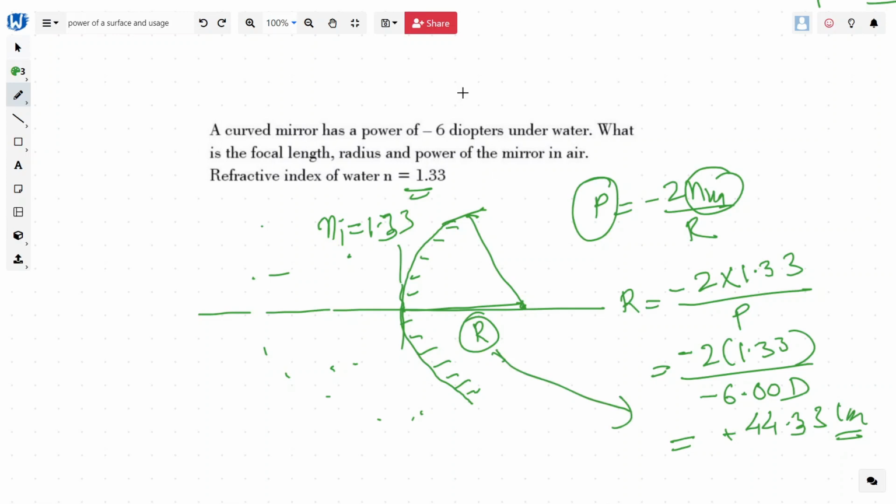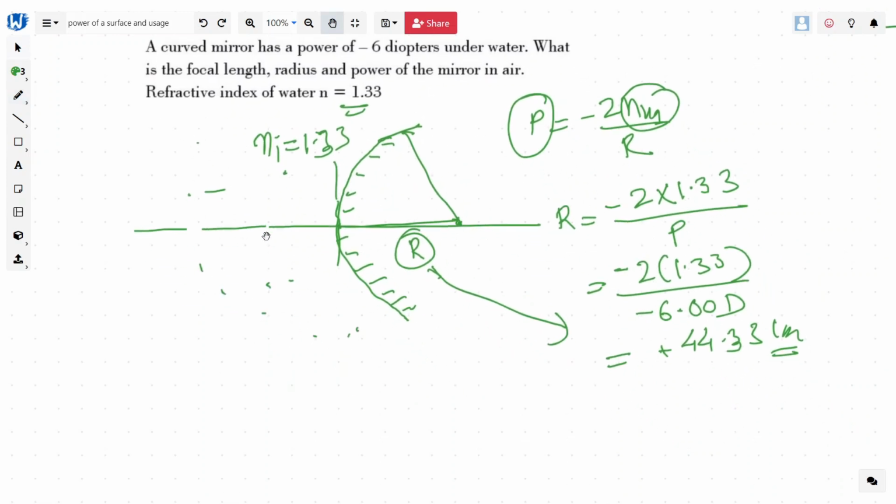Now we know the R, or the absolute value of R, and now we have to find the power of the mirror in the air.